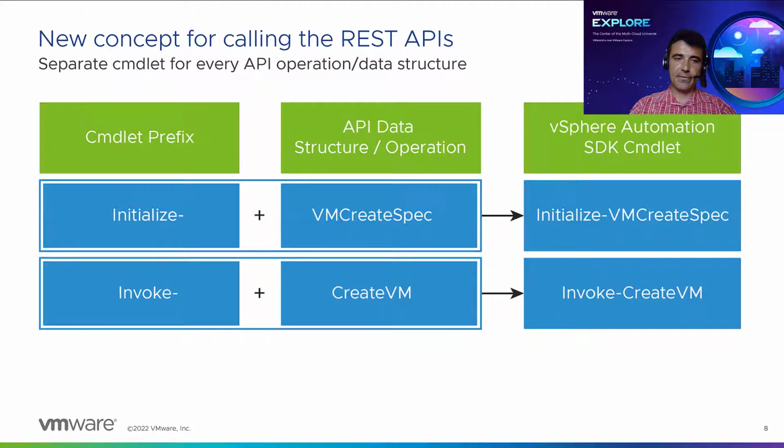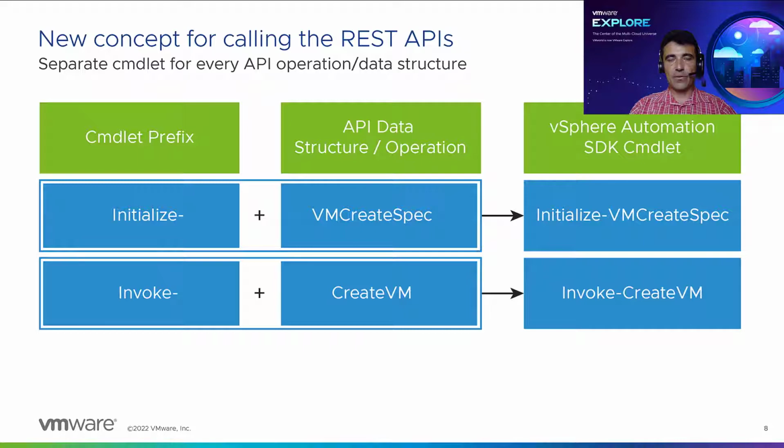So we have Invoke- and the name of the operation. For example, for the create VM operation, we have the Invoke-CreateVM commandlet. And for some of those operations, you just have to pass some simple parameters. But for some of them, they accept a more complex input.